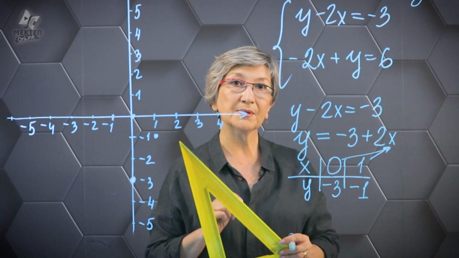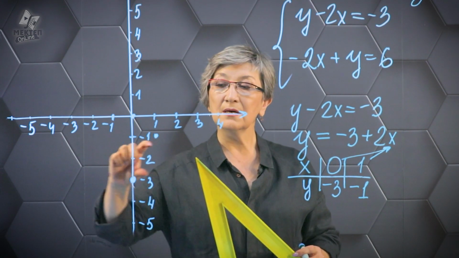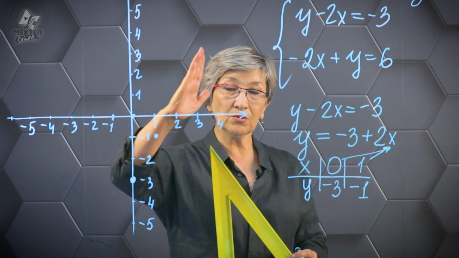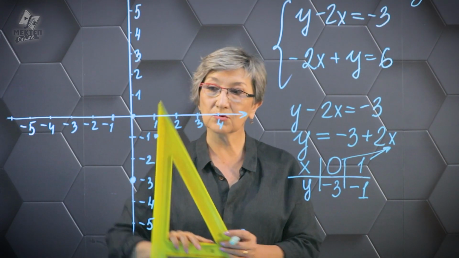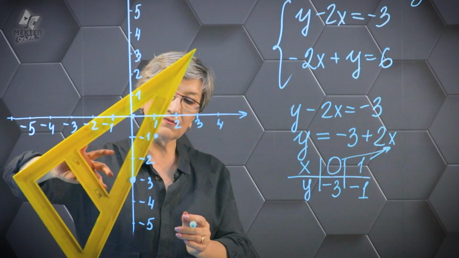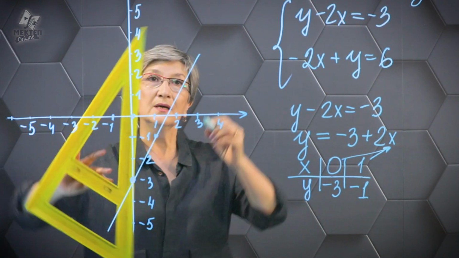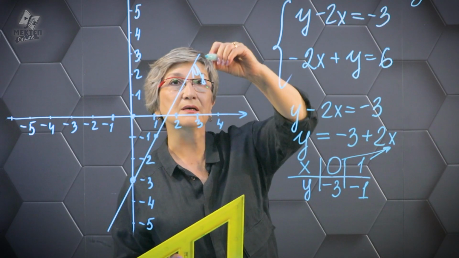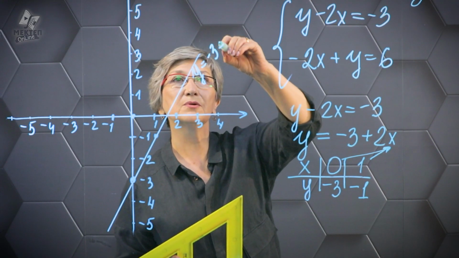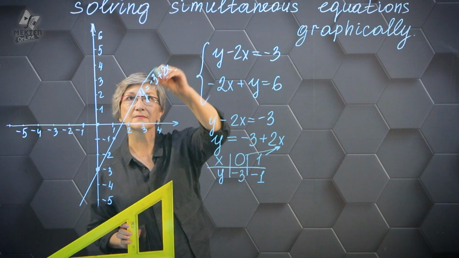According to the rules, to draw the graph of this function, we must draw a line through these 2 points. I will draw a straight line through these points. This is the graph of the function y equals -3 plus 2x.